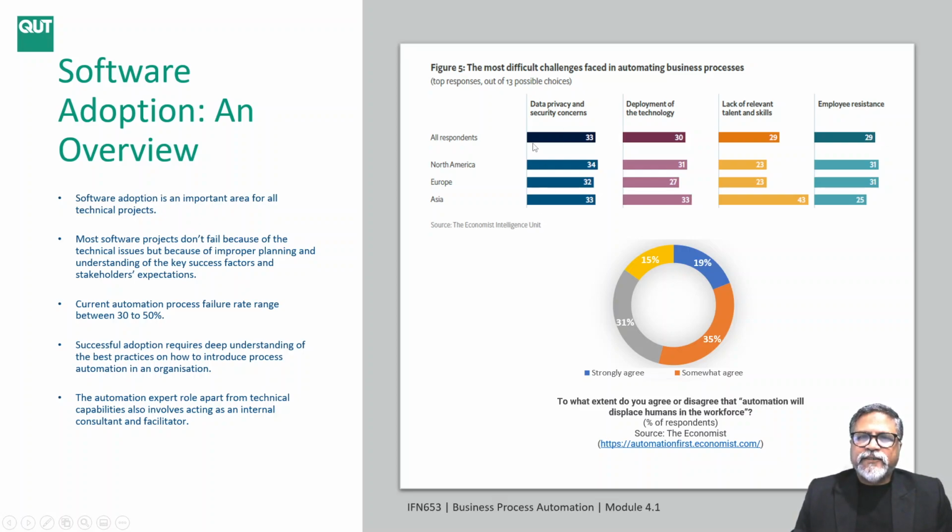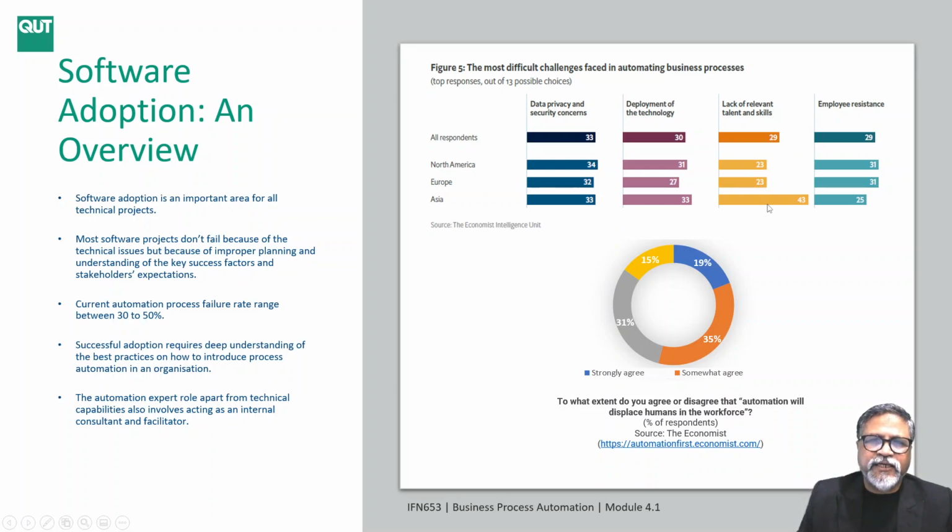If you look at it, all respondents are quite concerned with data privacy and security issues. It ranges between North America, Europe, and Asia almost the same. Deployment of the technology, again, is an important issue. Lack of relevant talent and skills is another important point.